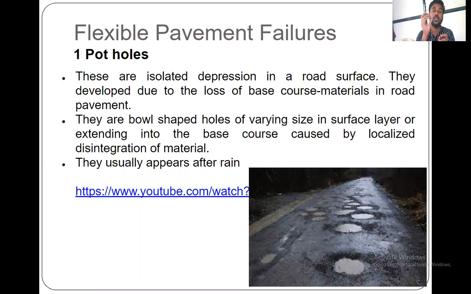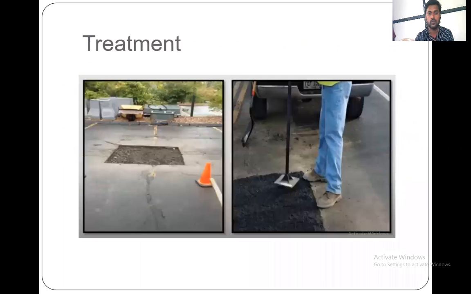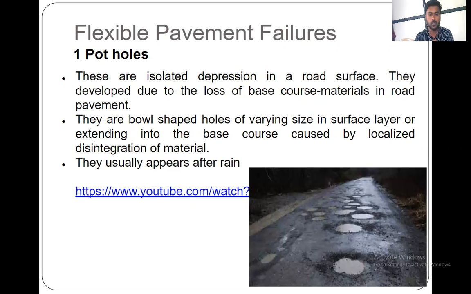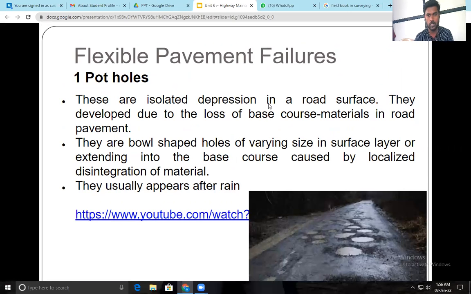Because due to the rain, if the proper camber or proper slope is not provided, water will get collected there. It will lose the bond between the binder and the aggregates, so the aggregates start to come out. Due to that, potholes will be there. We will see one video regarding how the maintenance of the potholes is done.